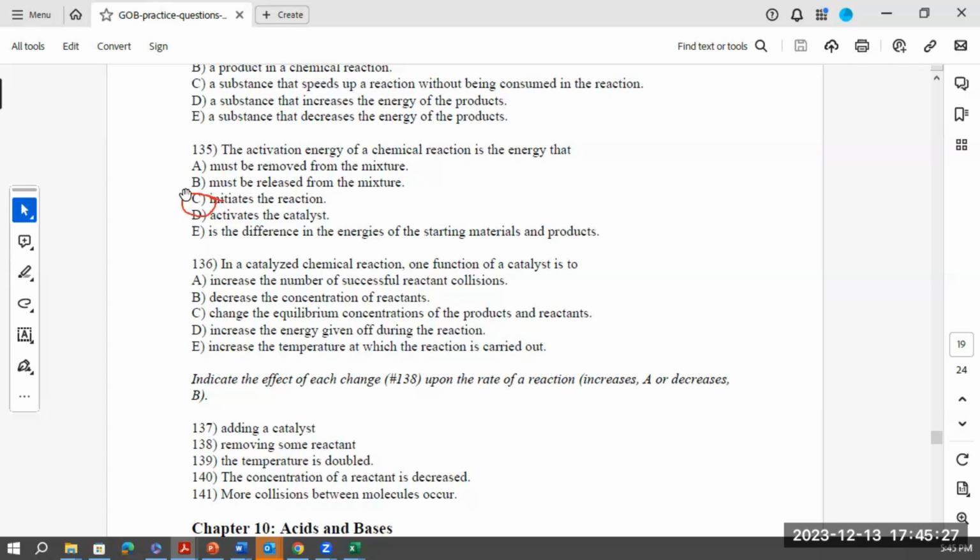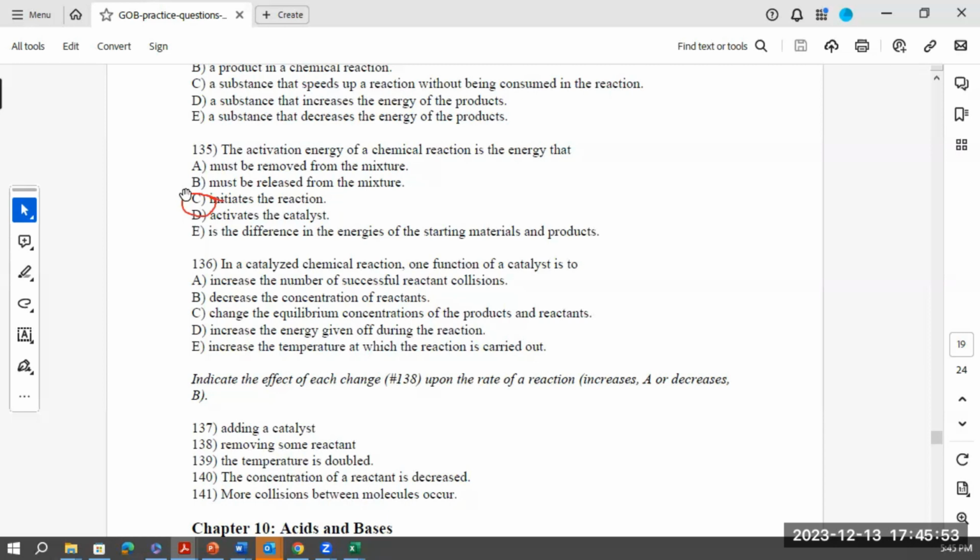Nah, it's not going to be E because you're not going to be increasing the energy. It's not C? So you change the equilibrium concentration of the products. No, so you're not messing with the concentration of your products or your reactants, right? You said B. No, not B. Did you say A?